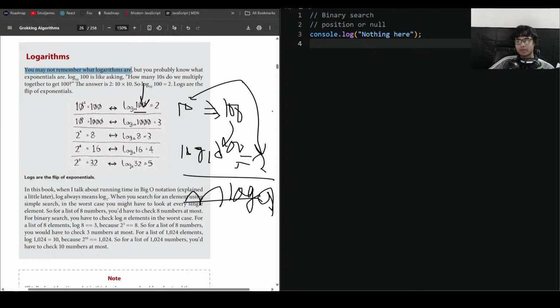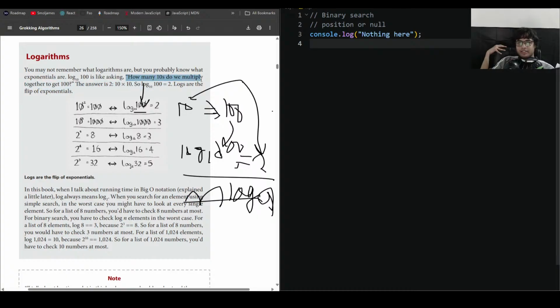You may not remember what logarithms are, but you probably know what exponentials are. Log 2 asks how many times we multiply 2 until we get the number.